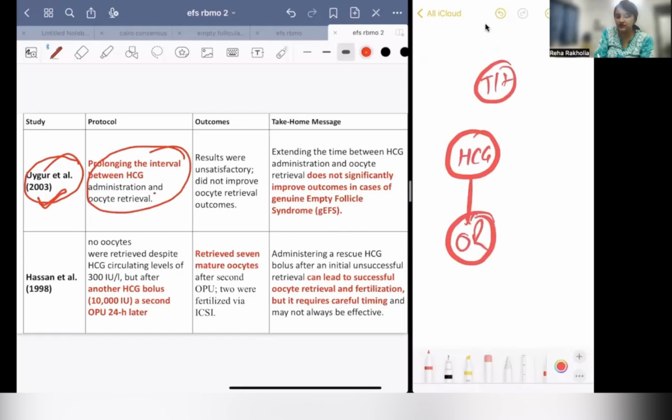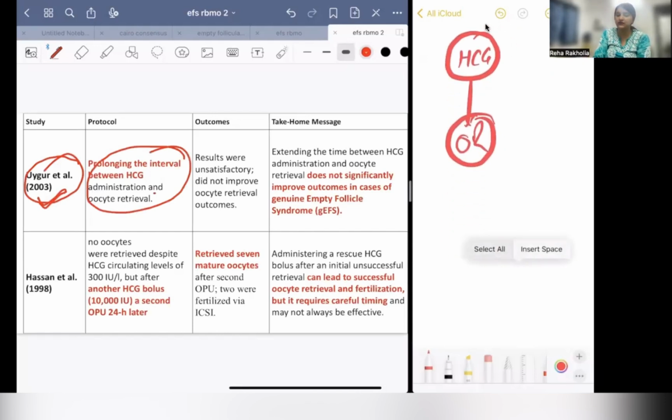There was no significant improved outcome in the cases of genuine empty follicular syndrome, but we have already talked about individualized treatment: some patients may take more time for mature oocytes.